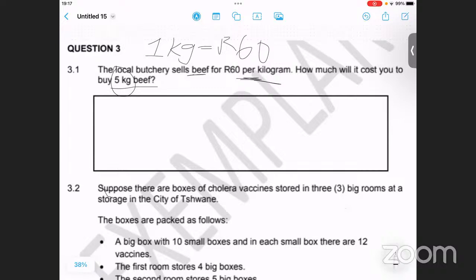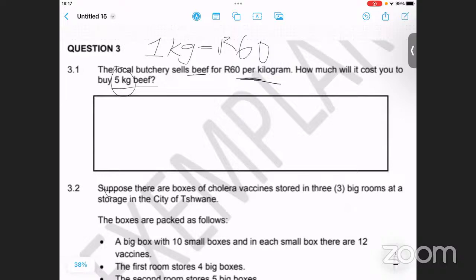What can I multiply 1 kg with to get 5 kg? And we mentioned that we have 5 ones in 5 kg, which simply means that the number you can multiply 1 with to get 5 is 5.